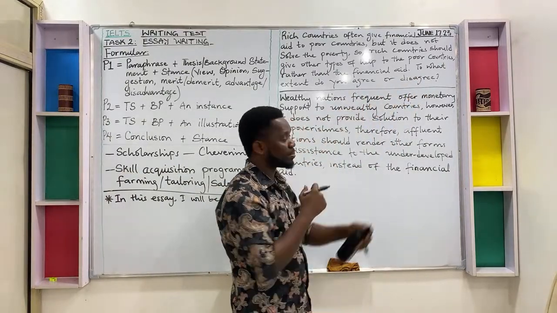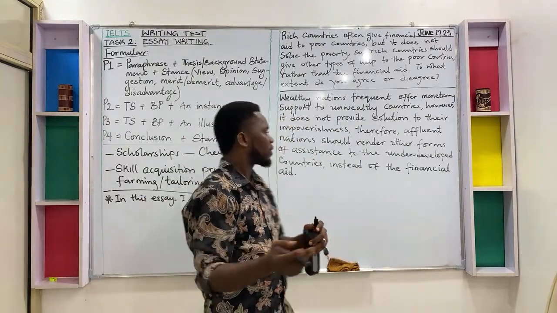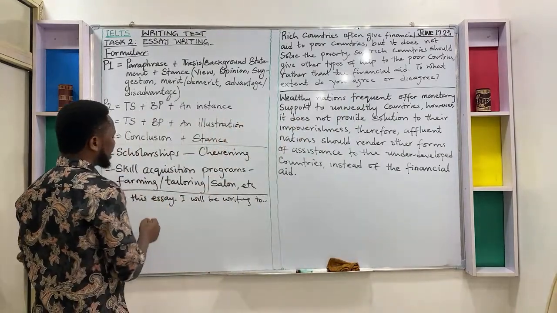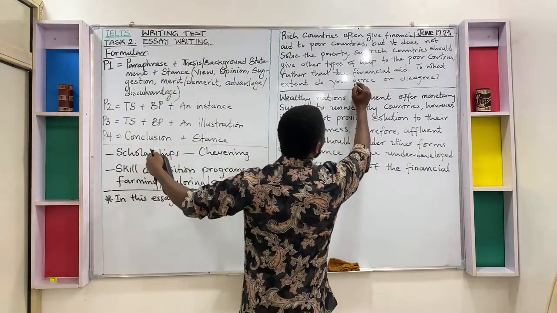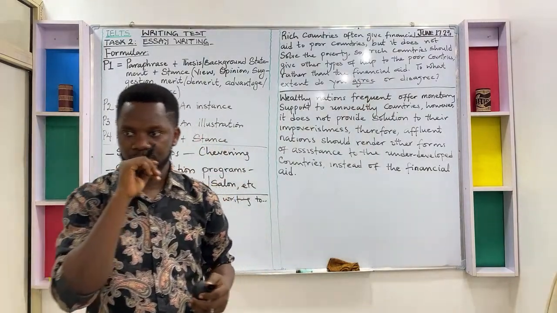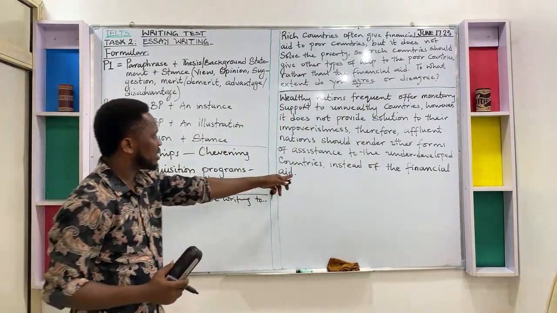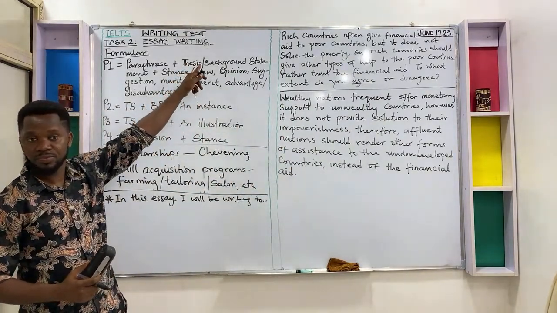What does the instruction say? Fine. So in this essay, I will be writing to absolutely, is that correct? Yes, that's the next thing you are bringing in here. That's what we call the background, right?